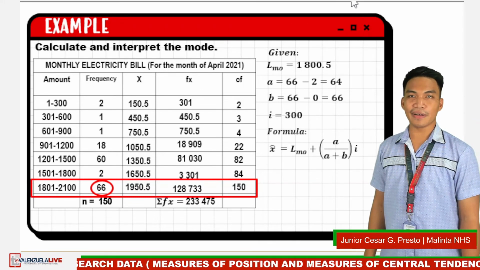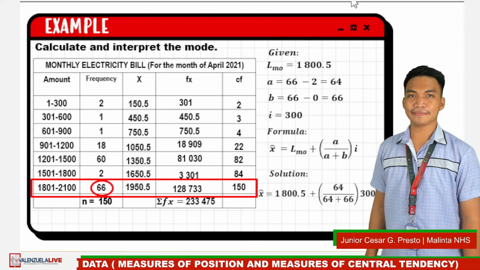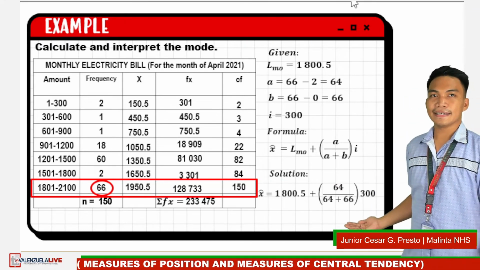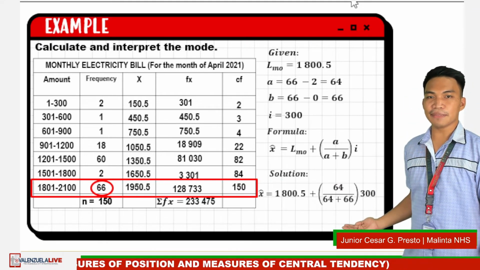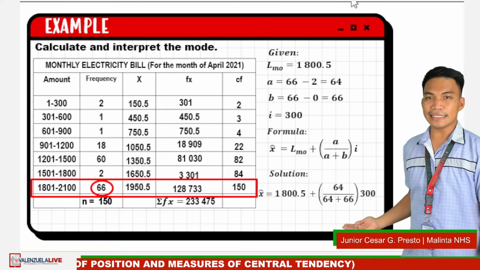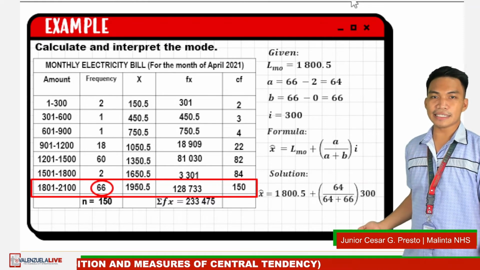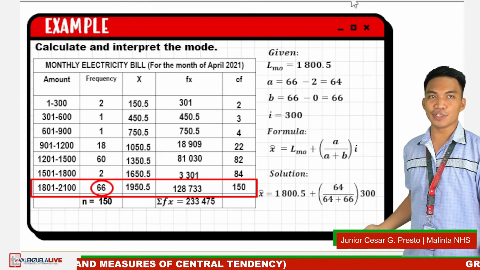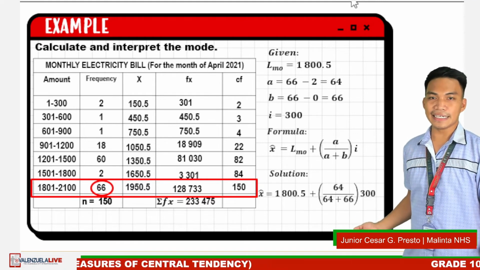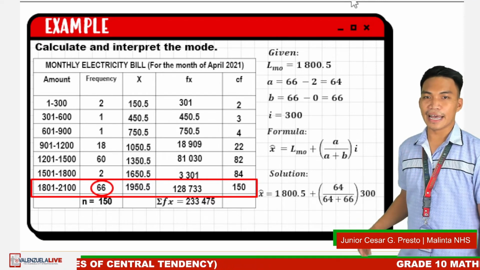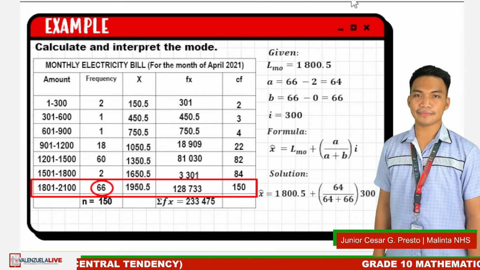Substituting all the values, we obtain X hat equals 1,800.5 plus the quantity of 64 divided by the sum of 64 and 66 times 300. Now, grab your calculator.